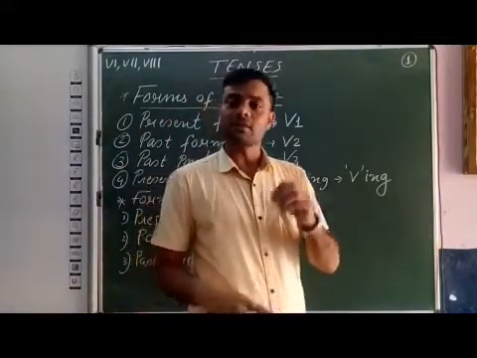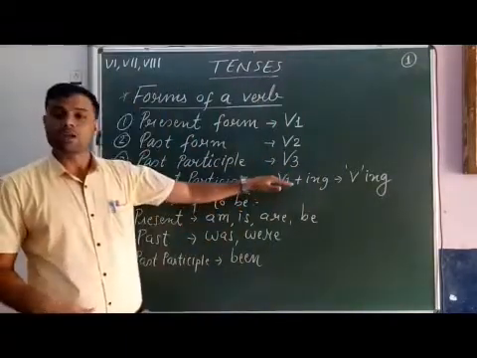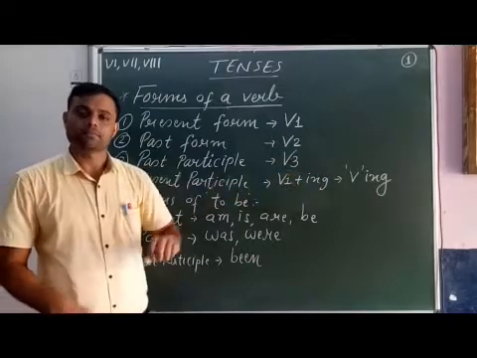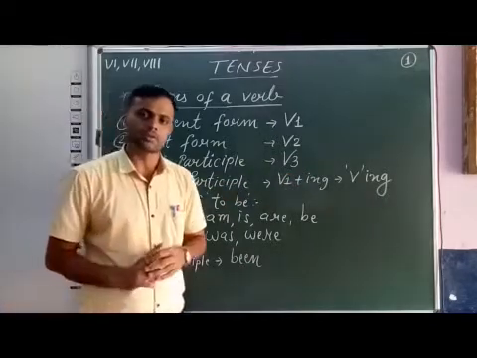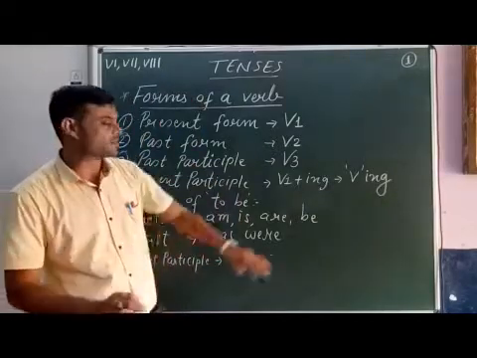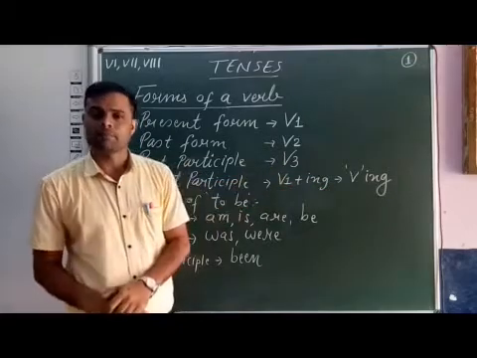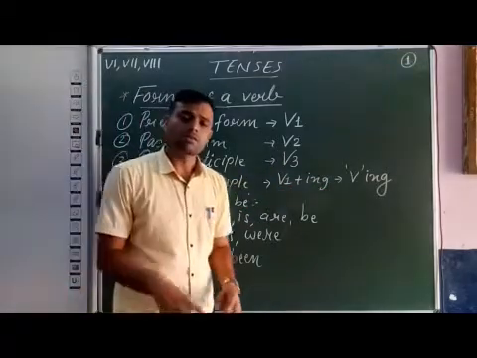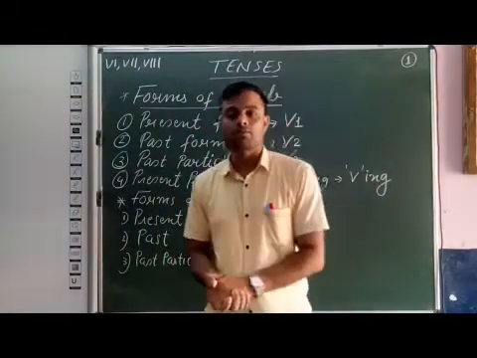In all six continuous tenses, we use present participle, verb with ing. The main verb we use in six continuous tenses is always verb with ing, that is always present participle. And in six continuous tenses, we also use to be forms.